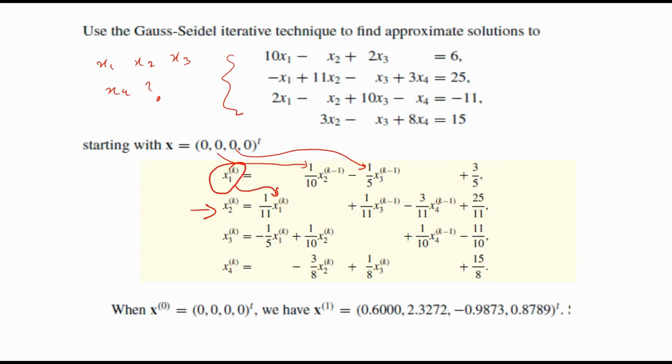Again, now you can see that this one is now known. So you will use this and this for finding x3k. You will put the value of x1k over here, x2k over here, and then you will find this x3k, and x4k, since you haven't found it yet, you will use this 0 only.